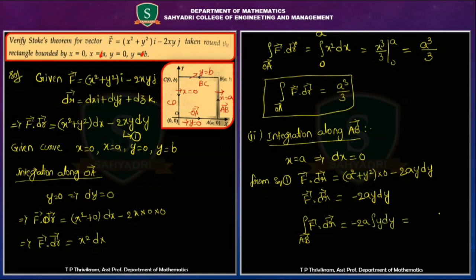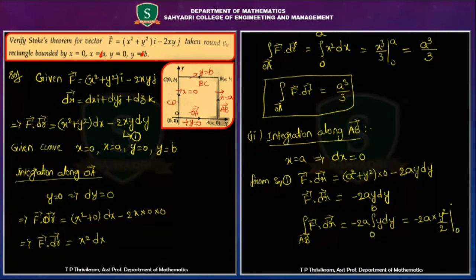Okay, so how much will you get? Minus 2a into y square by 2 along the limits. So what are the limits for y? 0 to b. Correct. A point is (a, 0) and B point is (a, b). So a value is constant, b value is varying.